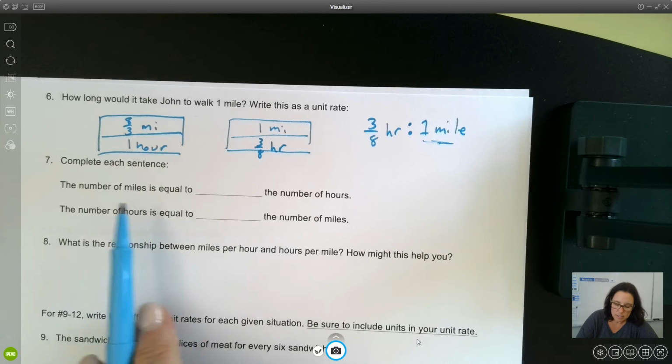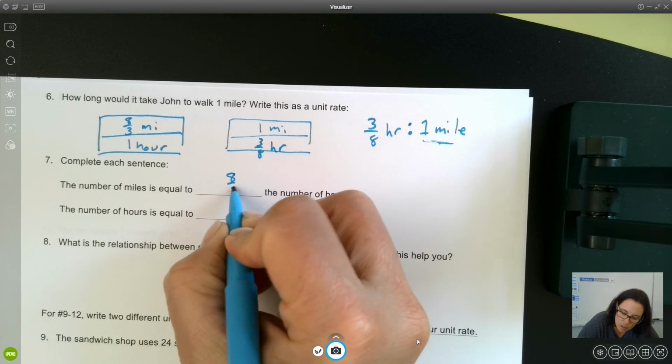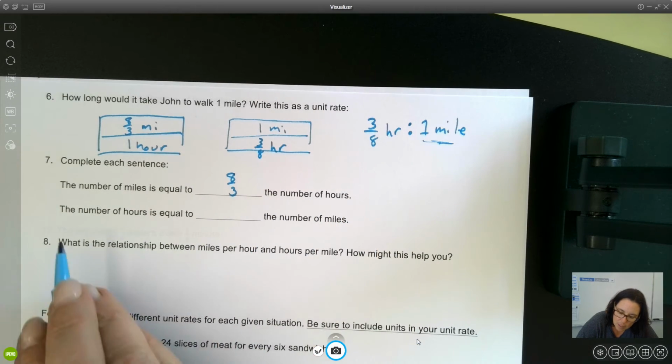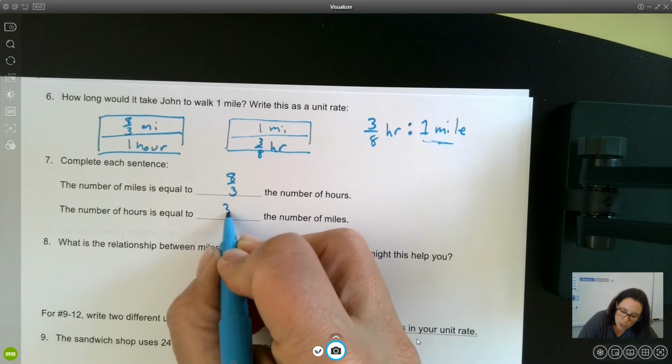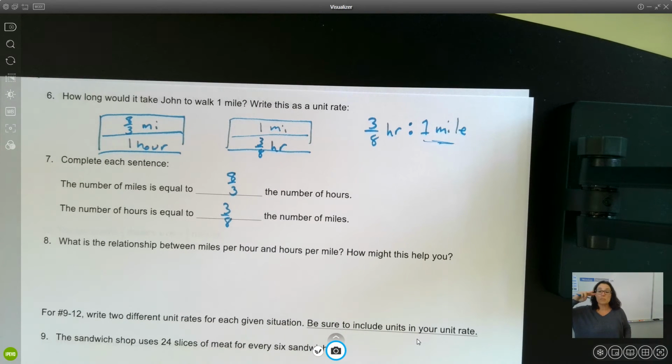Complete each sentence. The number of miles is equal to 8/3 the number of hours, and the number of hours is equal to 3/8 the number of miles. This reciprocal, this inverse idea is very, very important coming back from Module 4. What is the relationship between miles per hour and hours per mile? How might this help you?